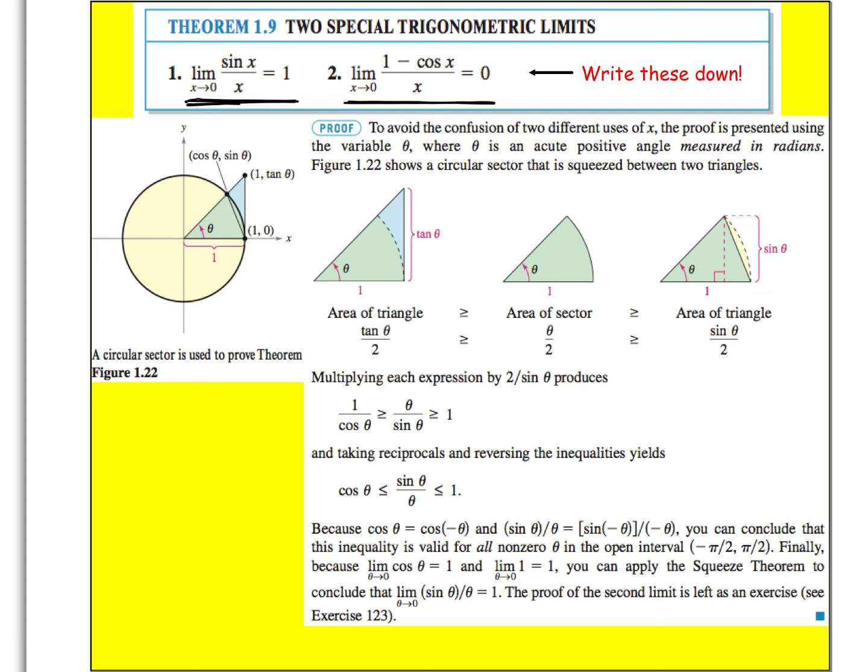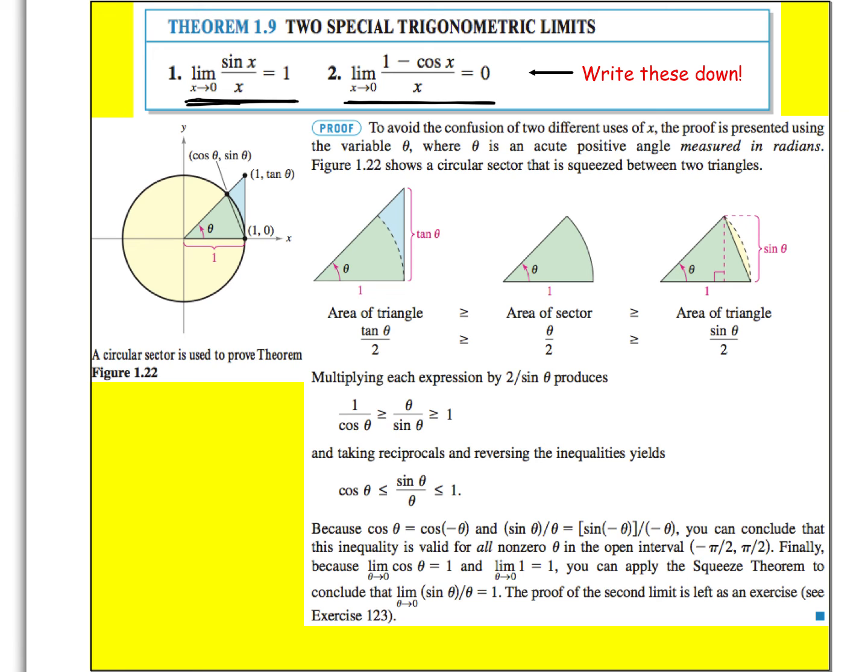Agreed? All right. So I take each one of those and multiply by 2 over sine. If I do that, now I have these going on. Then if I take reciprocals of them, I now have sine of theta over theta. And now, what is cosine of 0? 1.